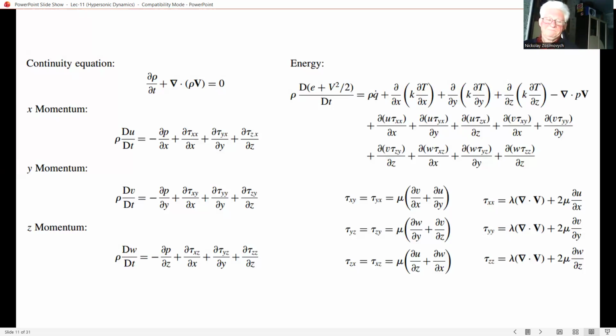Historically, the term Navier-Stokes equation identified only the momentum equation, because these were the very equations derived by the Frenchman Claude Louis Navier in 1827, and independently by the Englishman George Stokes in 1844.